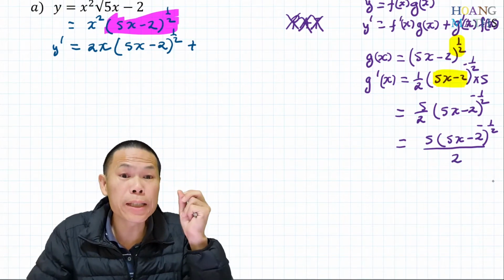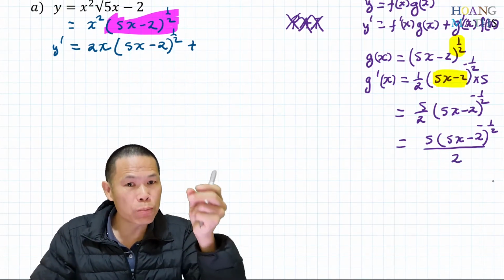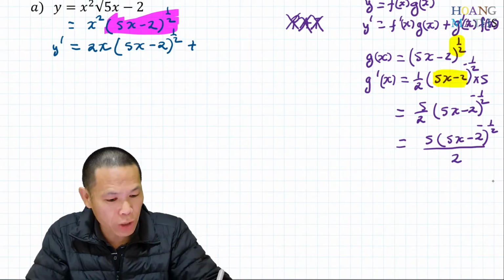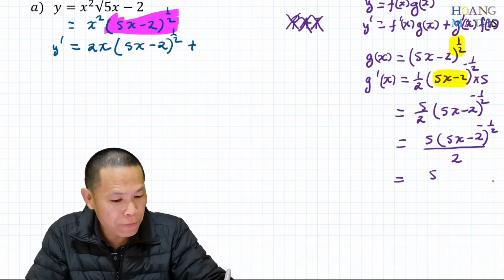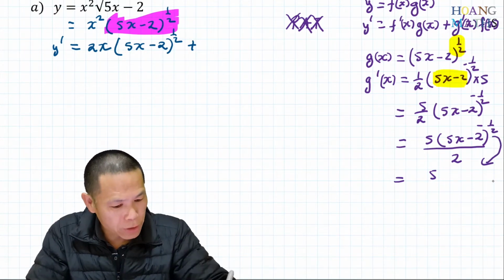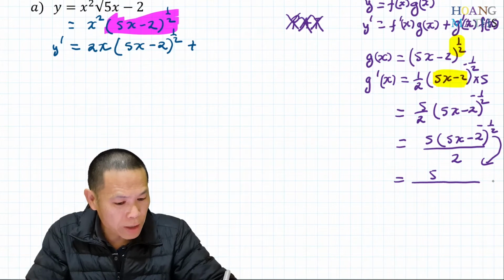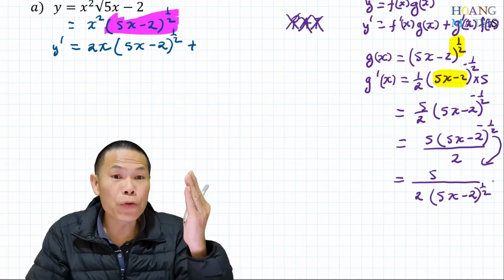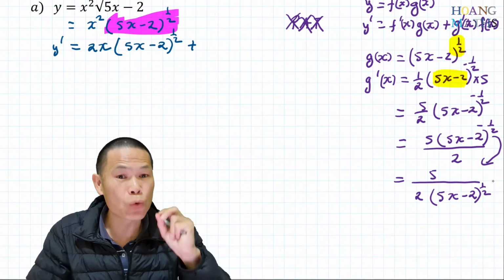But because it is a negative index, we need to bring it down so it becomes positive. Keep that in mind. So that will give me 5 over 2, and I bring this one down so that it becomes positive, 5x minus 2 to the power of a half.